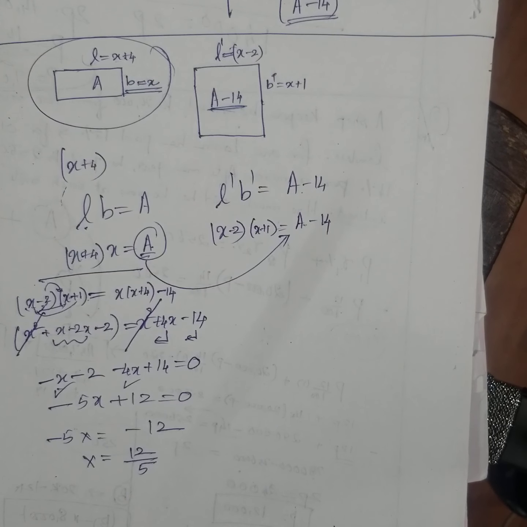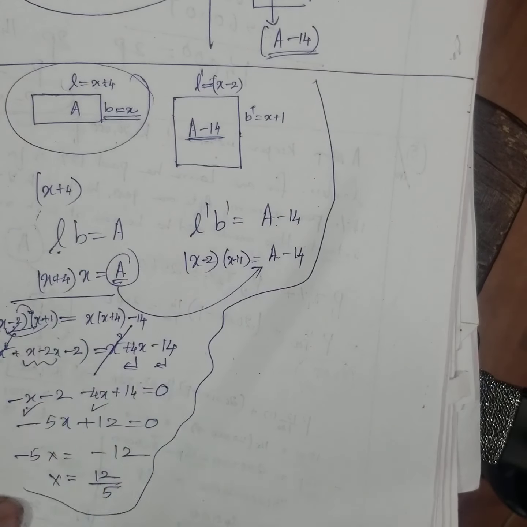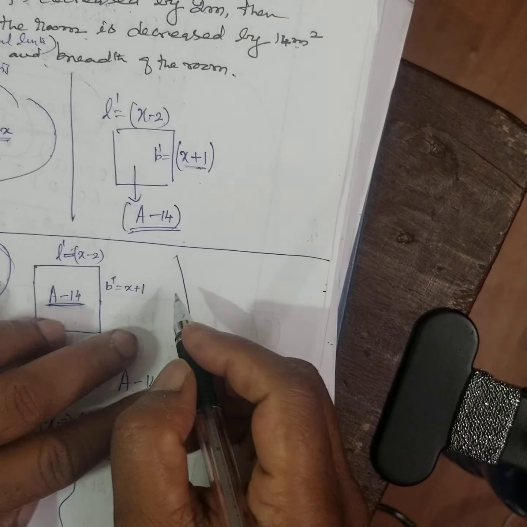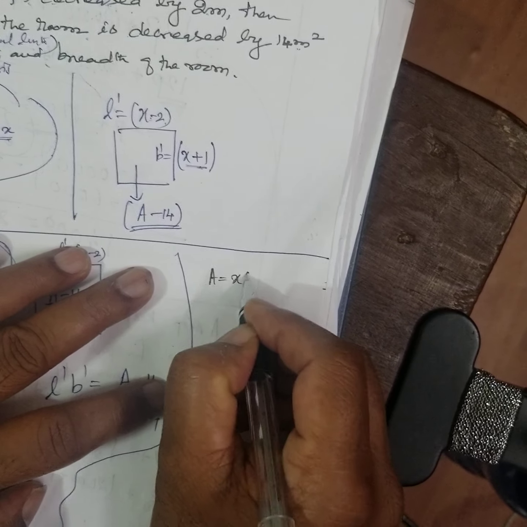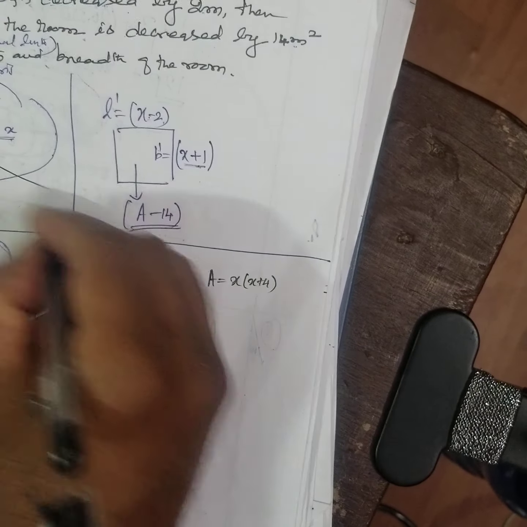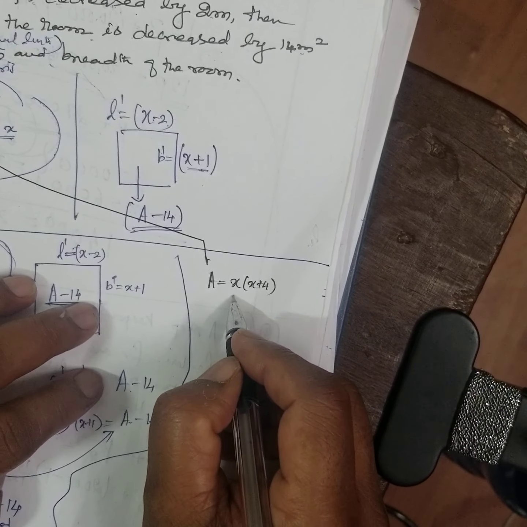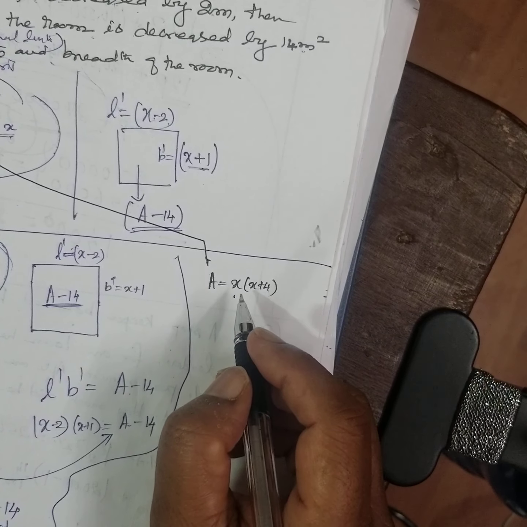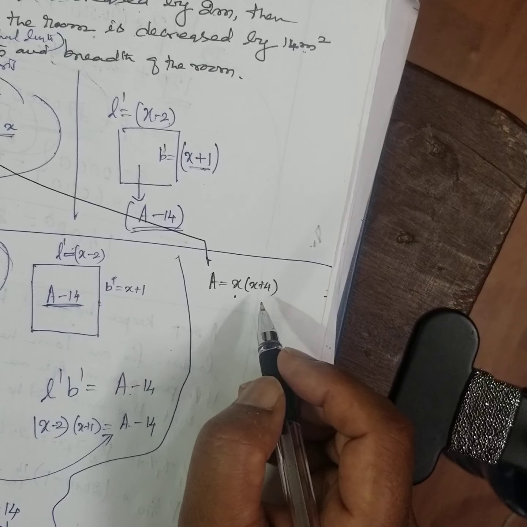Something is wrong, I feel. Let me check again. The original area is equal to length into breadth, x into x plus 4, which is the area.